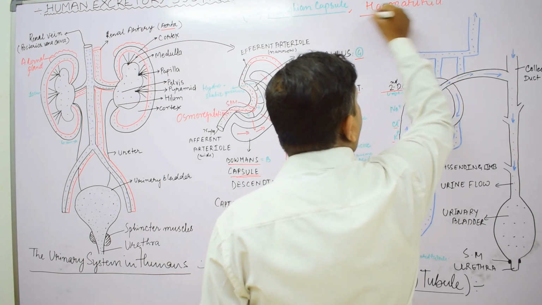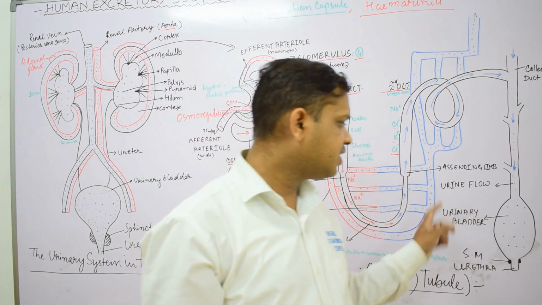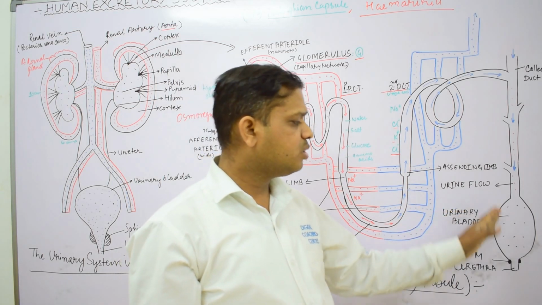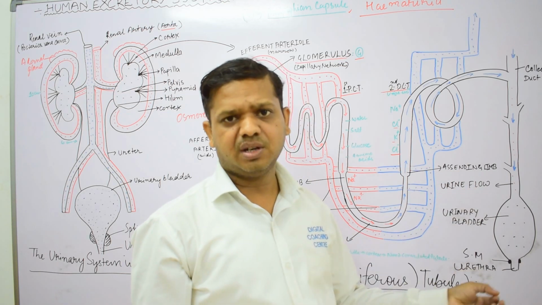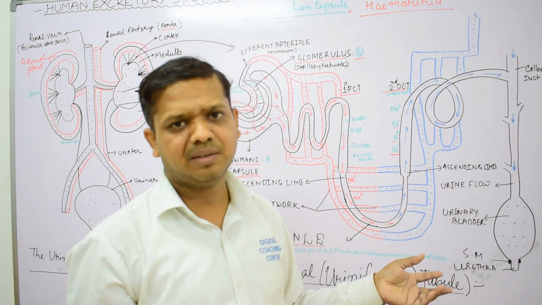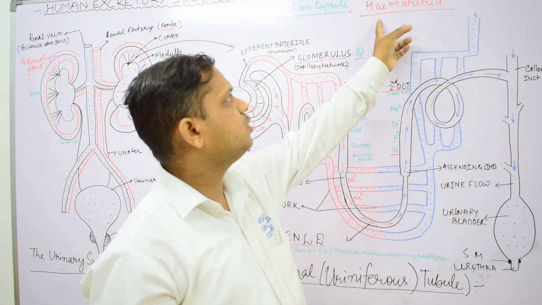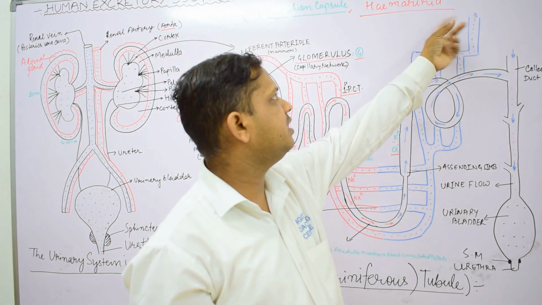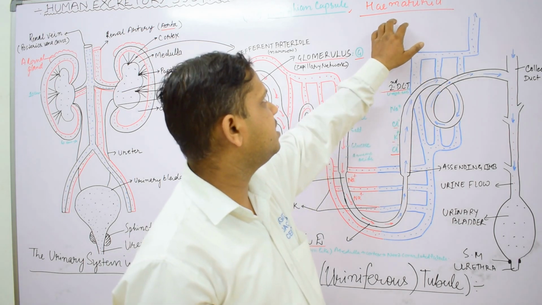This is a disease in which the patient urinates and blood is also excreted with the urine. With some bacterial infection, leaking of the capillaries takes place, and the blood comes out with the urine, which is known as hematuria. Hem means blood and uria means urine. So blood in urine is known as hematuria.